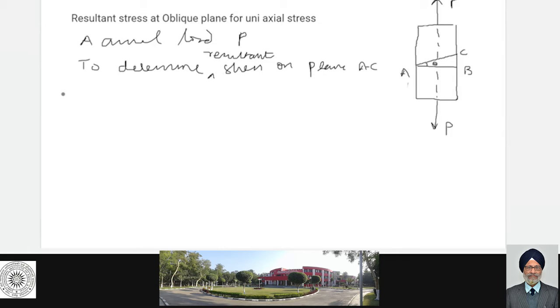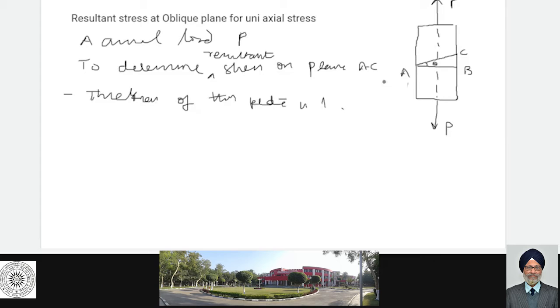Now we assume that the thickness of this plate is 1. Okay.